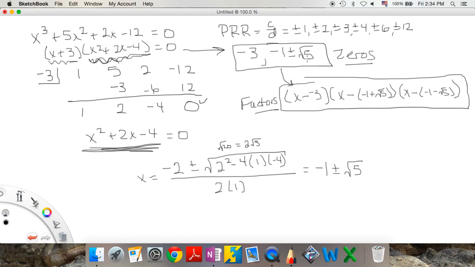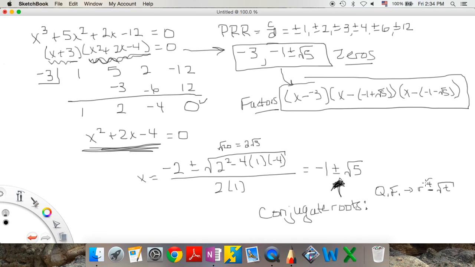Now, notice right here, when you use the quadratic formula, you always end up with this plus or minus. That's called a conjugate root. If you have the quadratic formula, you're always going to have some number, we'll call it r, plus or minus the square root of some other number, t, whatever.